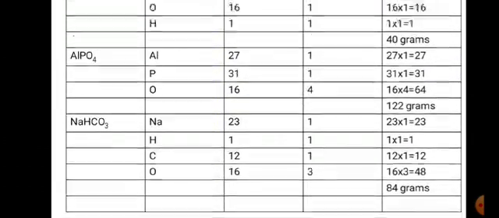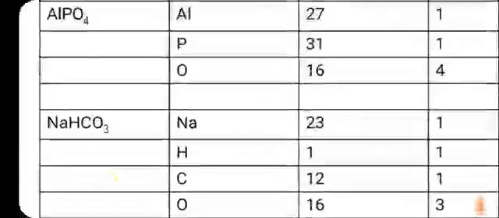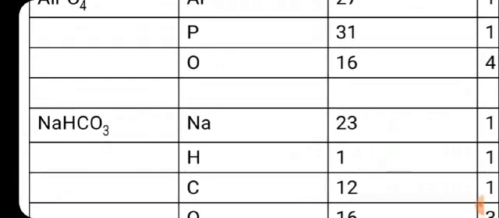Last compound is sodium hydrogen carbonate. Constituent elements are sodium, hydrogen, carbon, oxygen. Atomic mass of sodium is 23, atomic mass of hydrogen is 1, carbon has atomic mass 12 and oxygen has atomic mass 16. In sodium hydrogen carbonate, number of sodium atoms is 1, hydrogen atom 1, carbon single atom, and there are 3 oxygen atoms present.